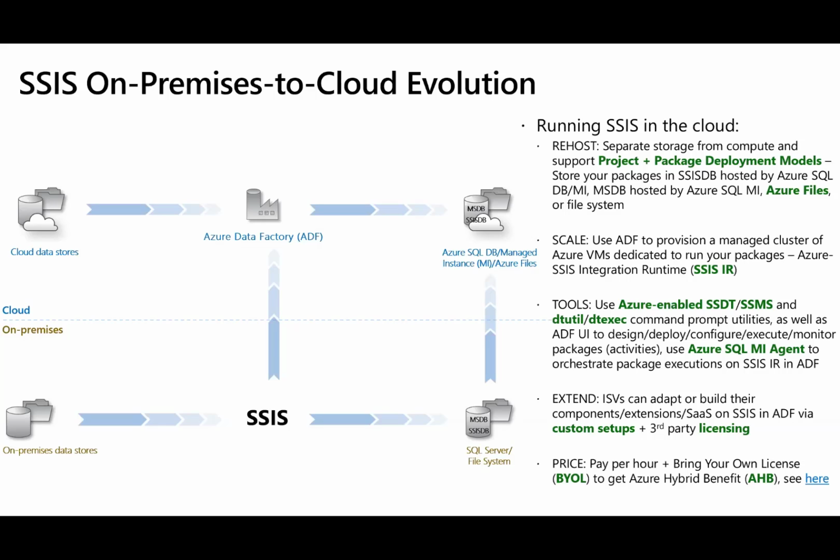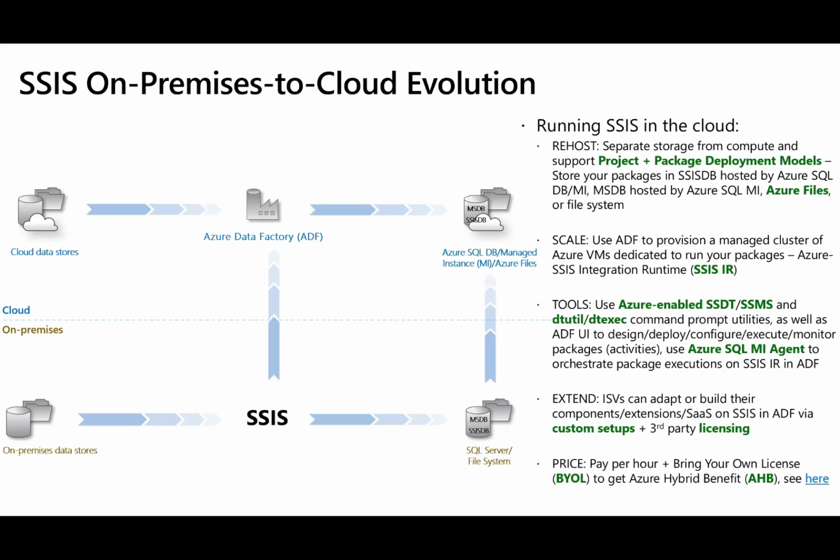Azure SQL MI Agent, for example, is also an orchestrator that comes with Azure SQL MI, similar to SQL Server Agent, that you can use to orchestrate package execution in ADF. In terms of pricing, we introduced pay per hour, so we charge by the hour. It's just like any dedicated Azure VM. If you keep the VM running, we will charge it even if you don't run the packages.